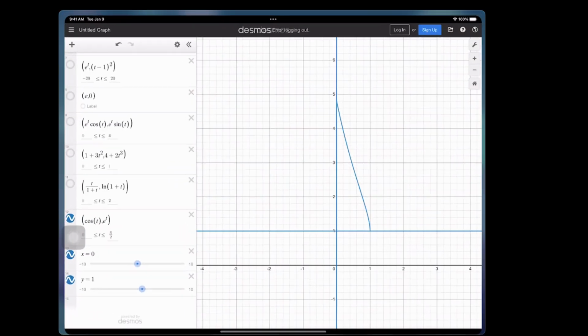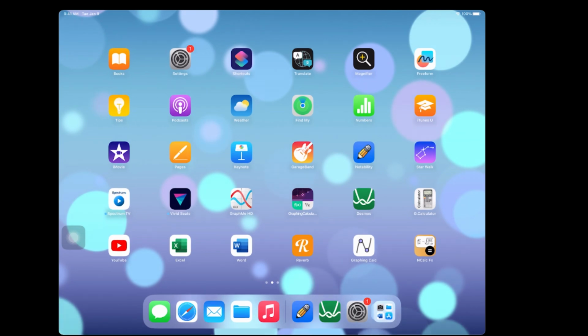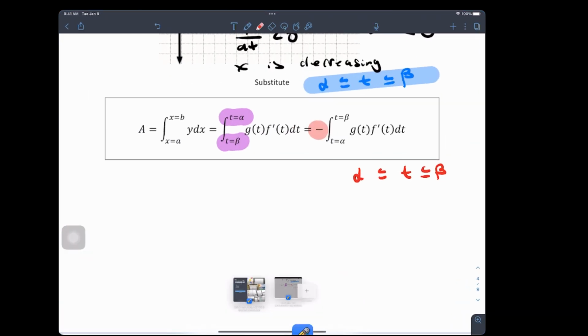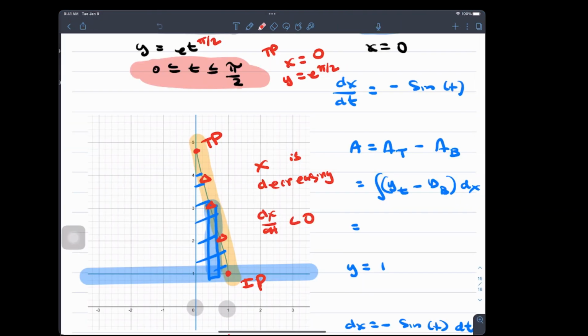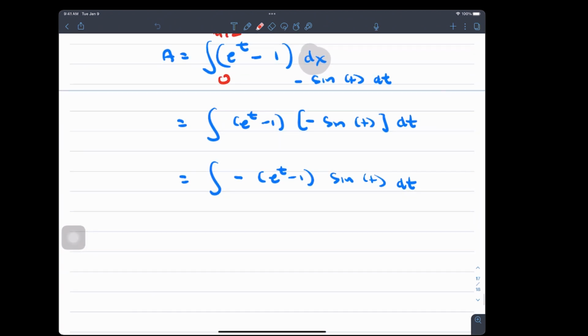So, okay, let's go back to our work now. Where's our work? Here. So if you want 0 to pi over 2, here's my point. If you write it this way, what do you have to do? Put a negative.